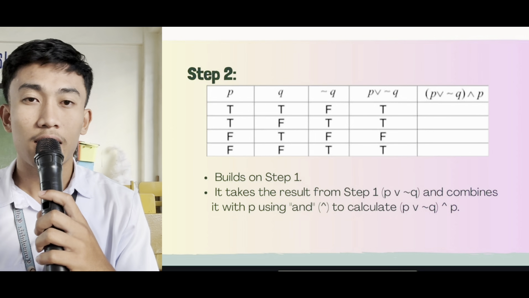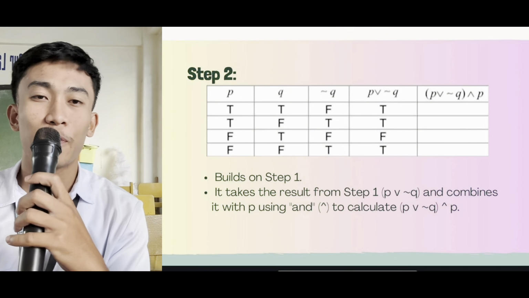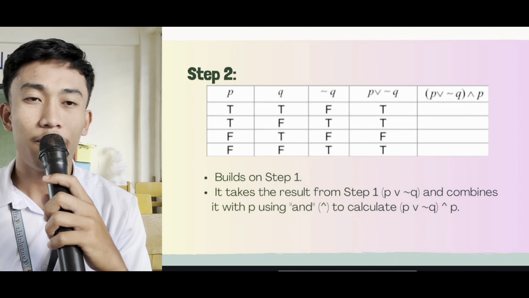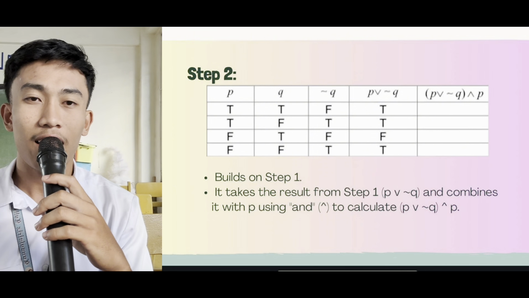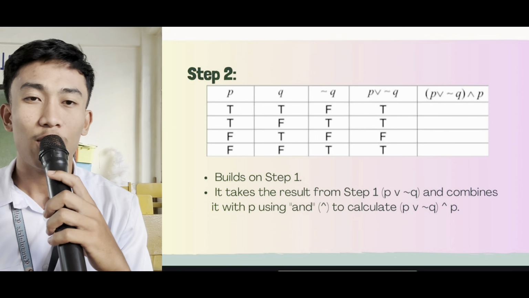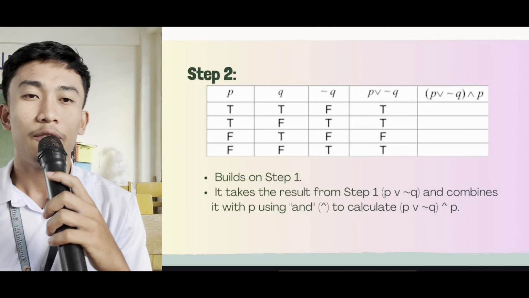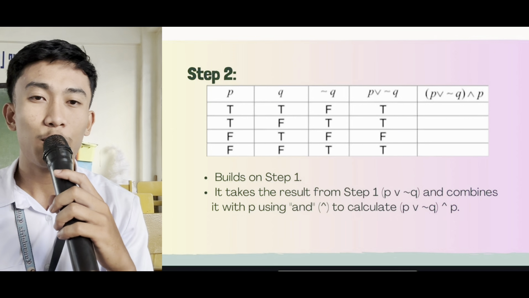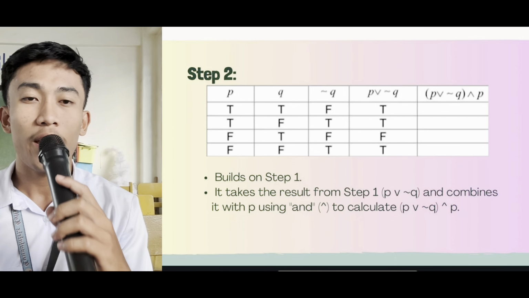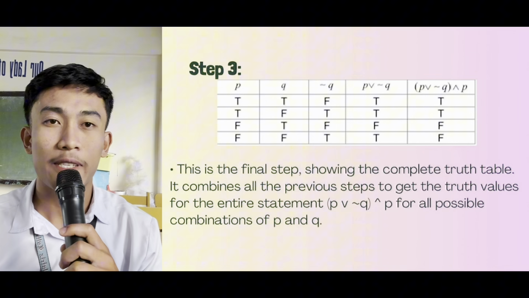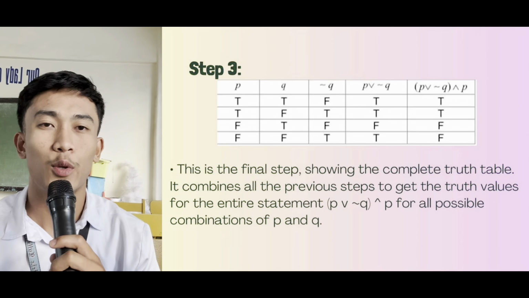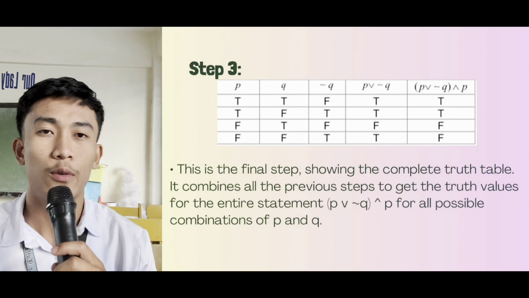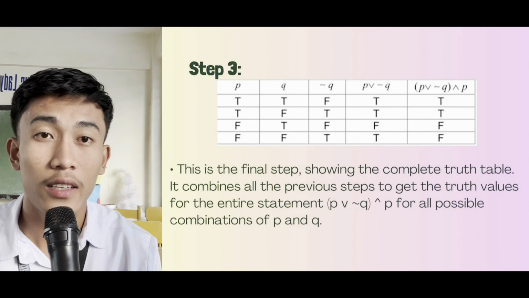So in each row of the truth table, you already have the values of P and Q, and P or not Q. You apply the AND operator between them. The result is the truth value of (P or not Q) and P. These steps help to narrow down the truth values to when both the original condition P and the broader condition P or not Q are simultaneously true.